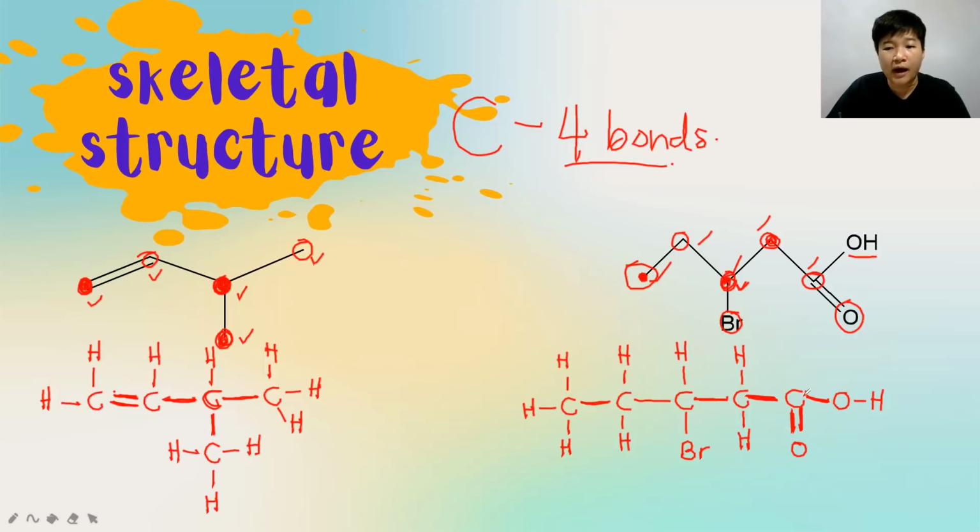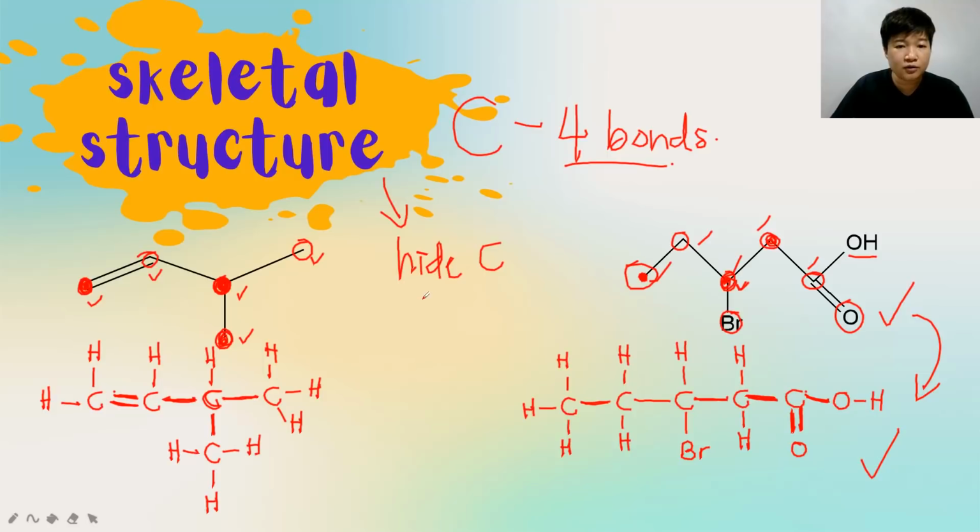There is no hydrogen attached to this carbon. And that is how we change the skeletal structure to your expanded structure. I hope at this moment you understand your skeletal structure already. Bear in mind, in the skeletal structure, we hide the carbon and also the hydrogen attached to the carbon.